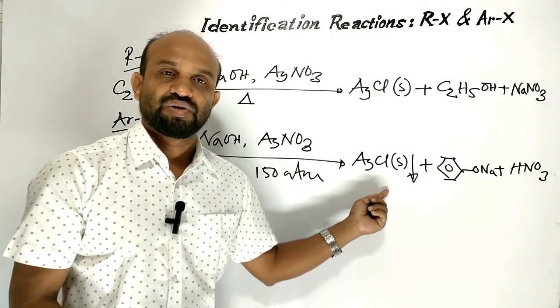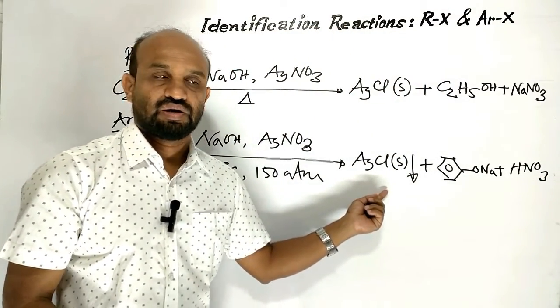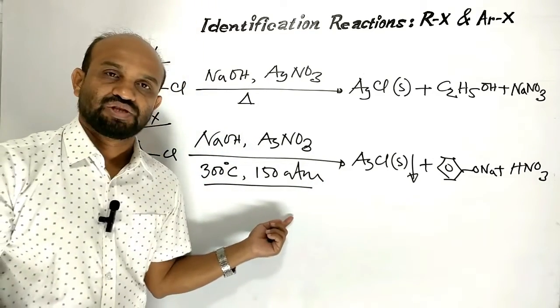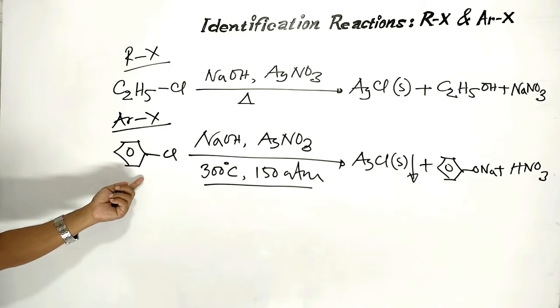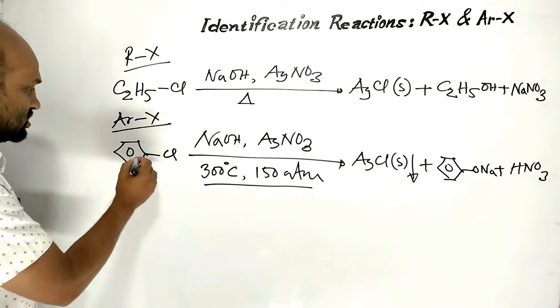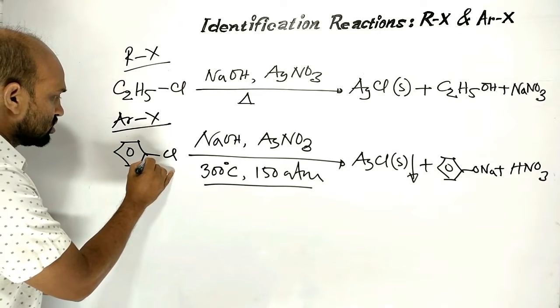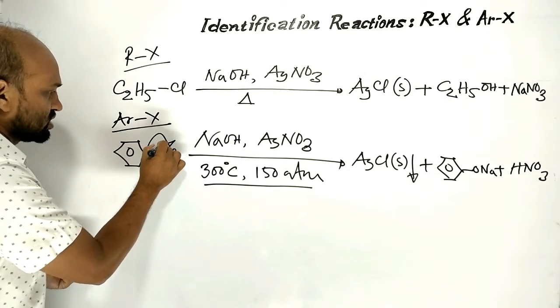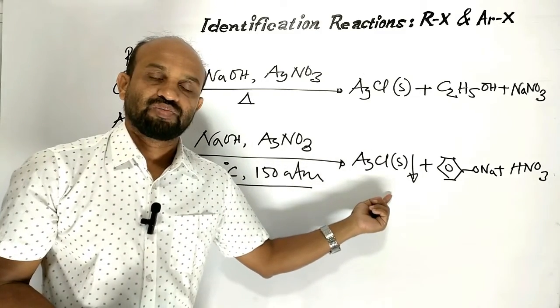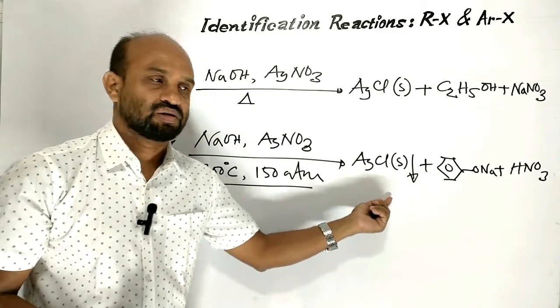This white precipitate of silver chloride at drastic condition proves the presence of aryl halide. Only at drastic condition does this carbon-chlorine bond undergo hydrolytic fission and silver chloride deposits as precipitate.